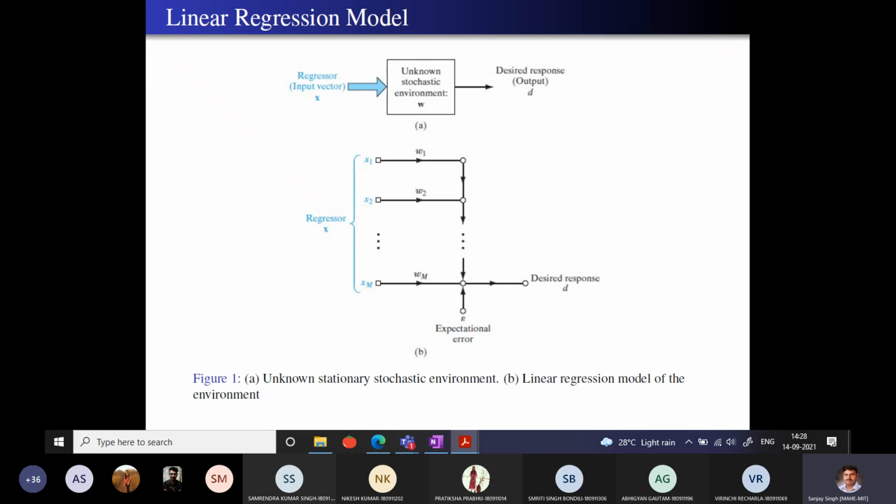This is added to account for some modeling assumptions which we have relaxed or something we have not accounted for. And then finally, your desired response. So this is how a linear regression looks in a very abstract and simple signal flow graph.